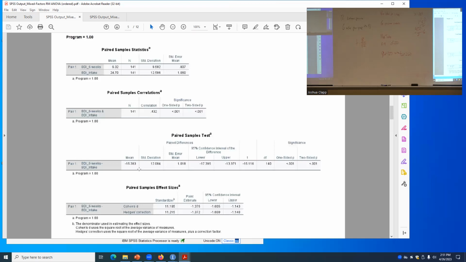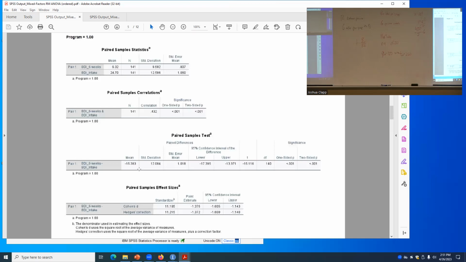Now, with the way I've set this up, I don't think it will give you Glass's delta for a paired sample test. And here, if I use the standard deviation of the difference or the square root of the average variances, I can get an upper and lower bound on that point estimate, which I like because I can talk about the worst case scenario: the lower bound population estimate supported by these data in terms of effect size is still over a standard deviation change.